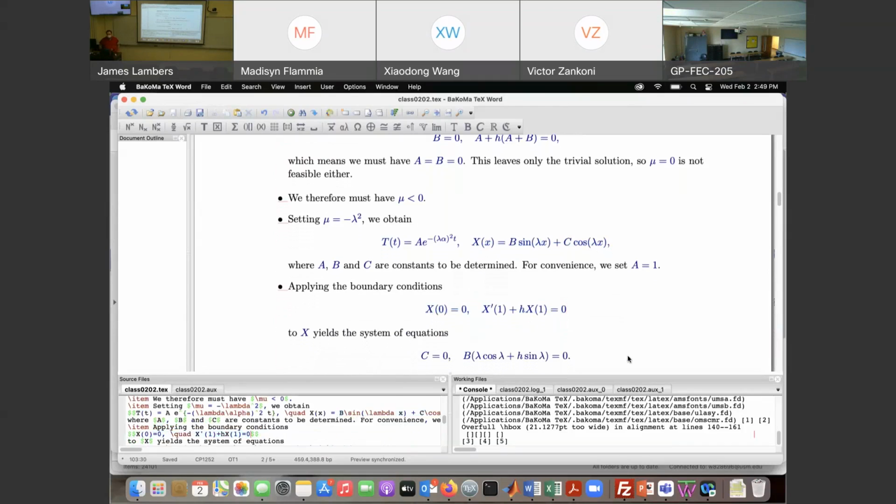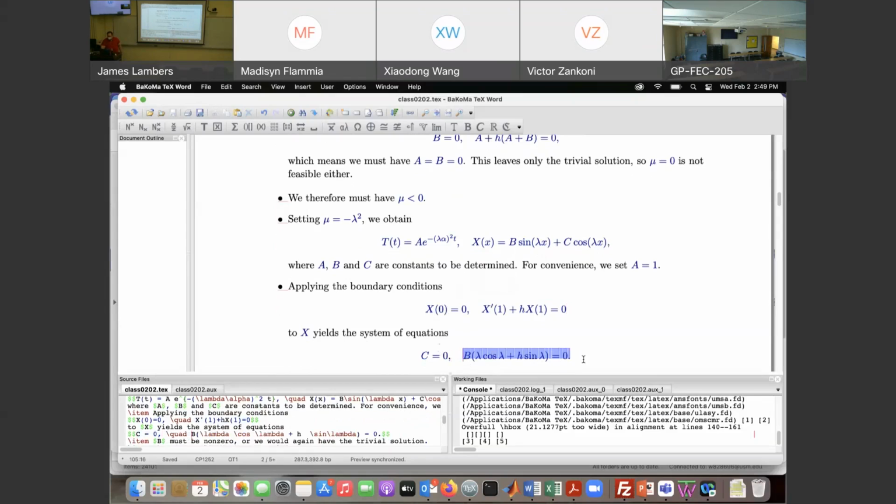I've taken into account that sine of 0 is 0 and cosine of 0 is 1. So we immediately find from the left boundary condition that c is 0. So there's no cosine term. As for the sine term, we have this.